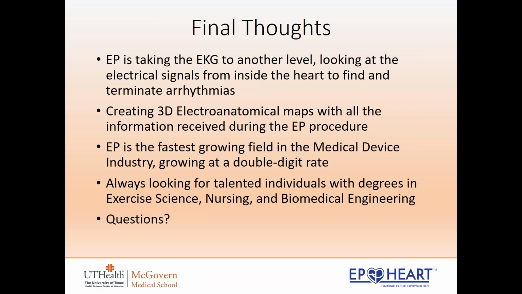That's kind of how I've always told patients that ask that question. When we go up into the heart, we look at the conduction system, we look at the electrical activity of the heart, we find exactly where that arrhythmia is coming from, and then we burn the tissue there. And normally they don't feel it. A lot of times they're just under conscious sedation and don't remember it. So I hope that helps.